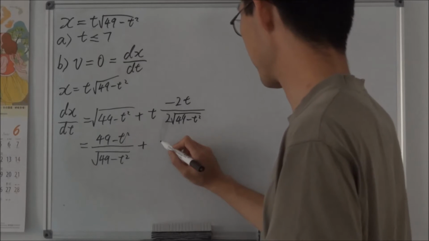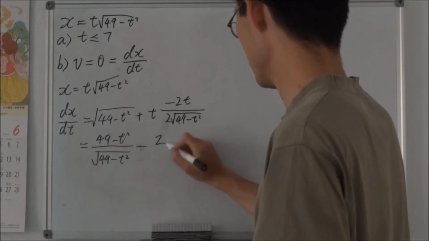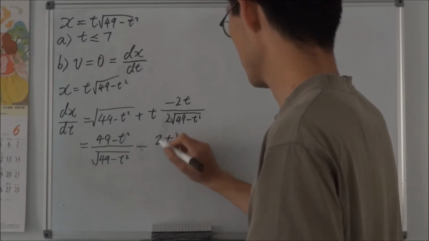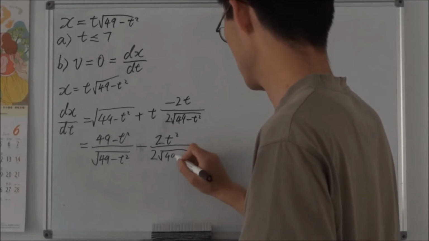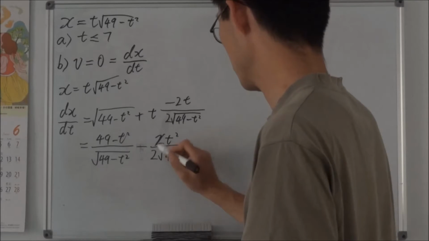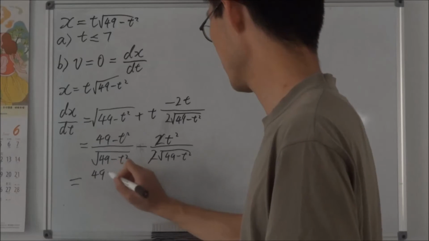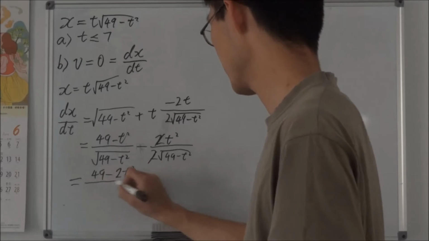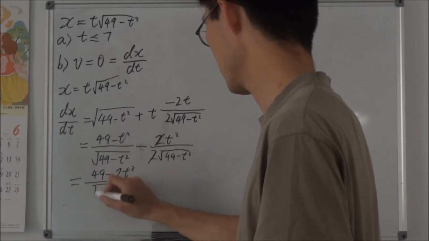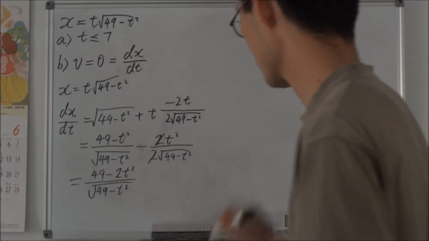plus t times minus 2t over 2 times the square root of 49 minus t squared, so it equals 49 minus 2t squared, minus t squared.